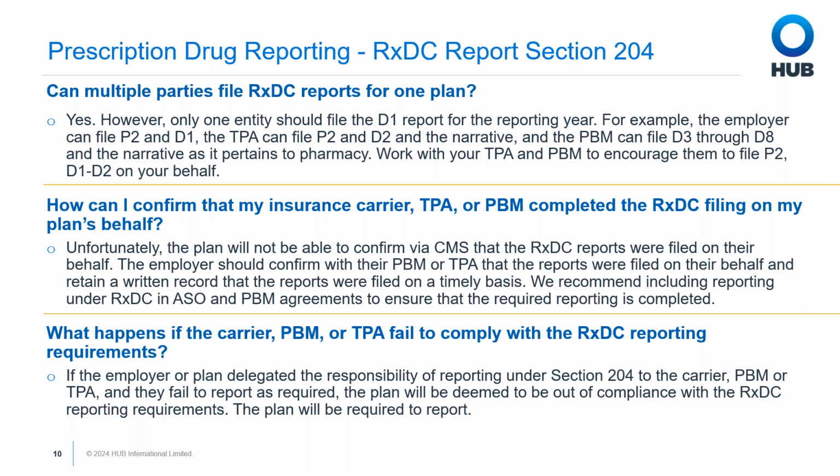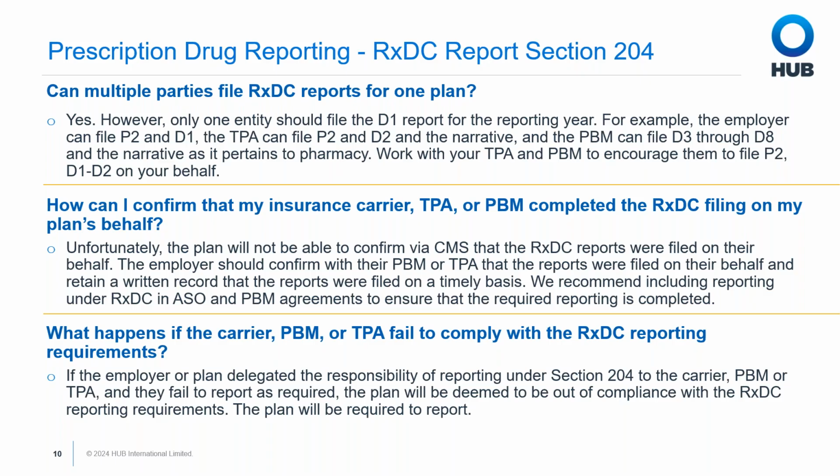How can I confirm if my insurance carrier, TPA, or PBM completed the RxDC filing on my behalf? Unfortunately, there are no particular records that will be made available to you online that will reflect that the RxDC reports have been filed on your behalf by either your insurance carrier, if you're a fully insured medical plan, your TPA, or your PBM.